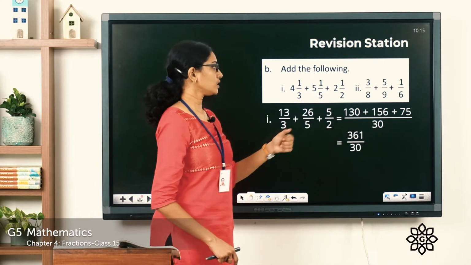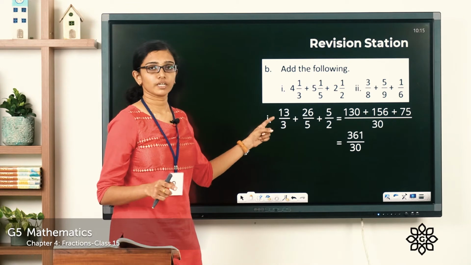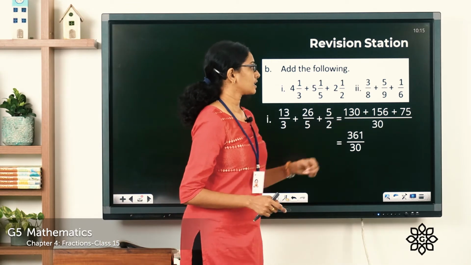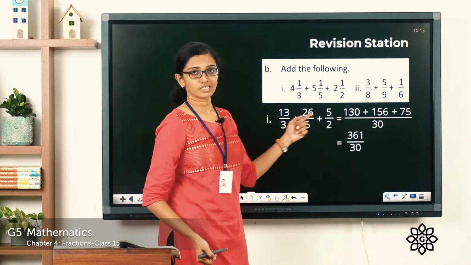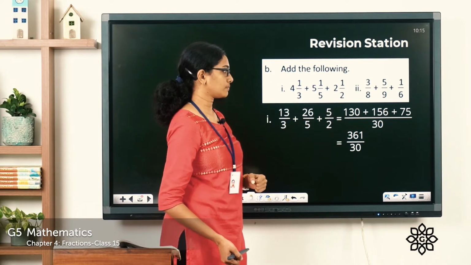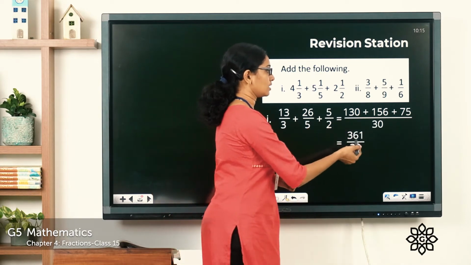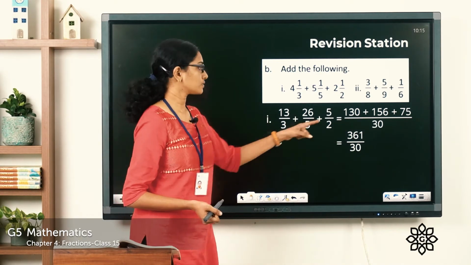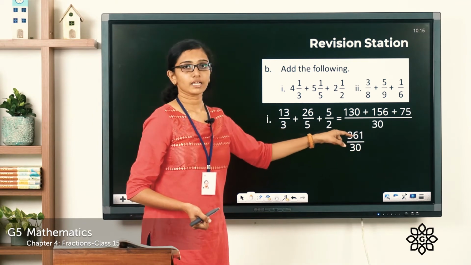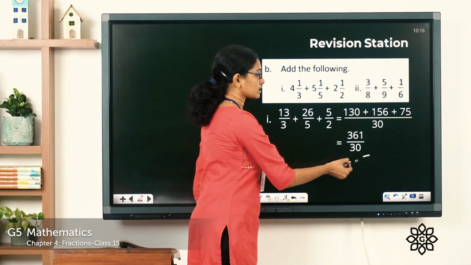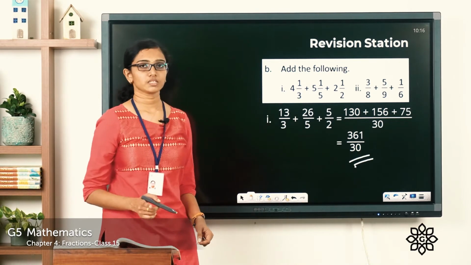Now after multiplying the numerator and the denominators with suitable numbers, we get the equation as this sum is equal to 130 plus 156 plus 75 by 30, which equals a sum of 361 by the denominator, which is the LCM, 30. So here the sum is 361 by 30.